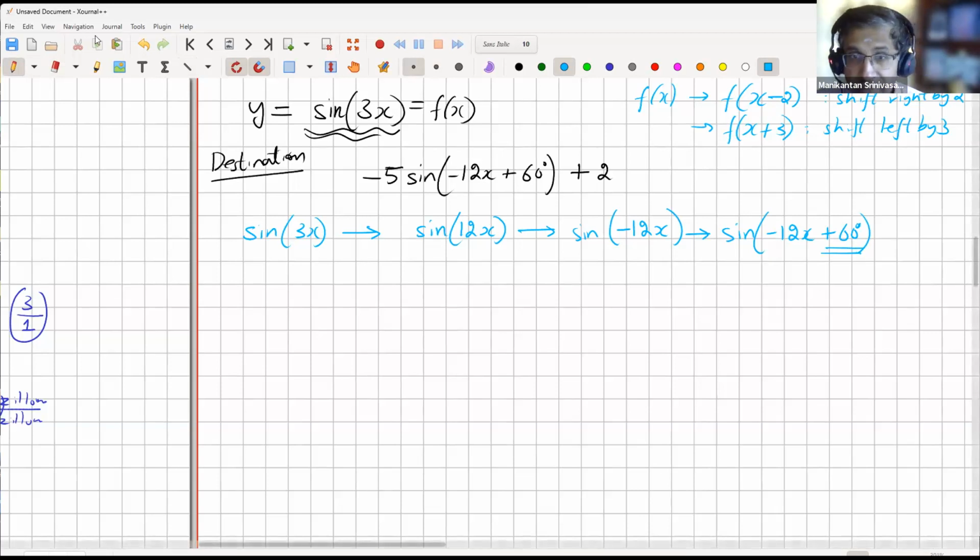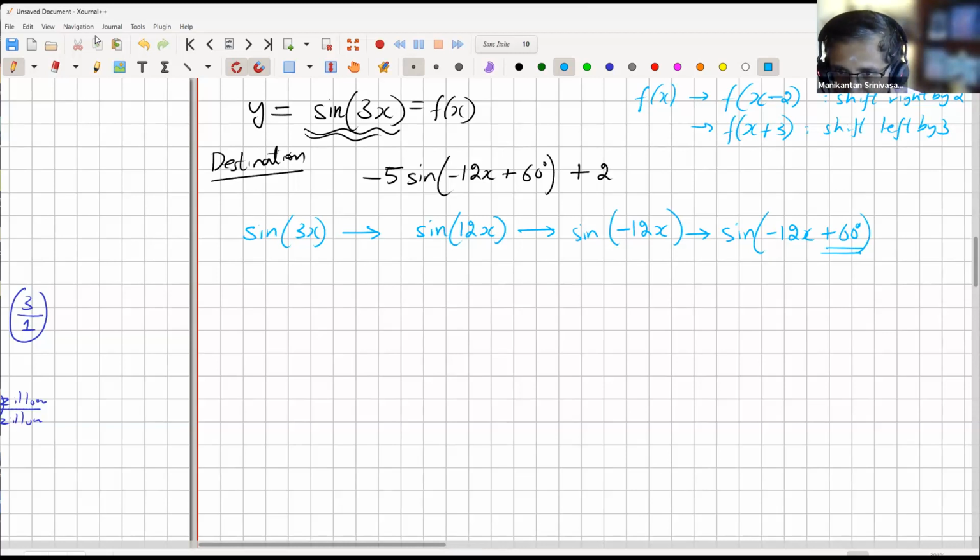It's a very important thing, right? Any horizontal operation is about what you do to the x to make it your next step. So what are we doing to the x is the question. Are we replacing x with x plus 60?